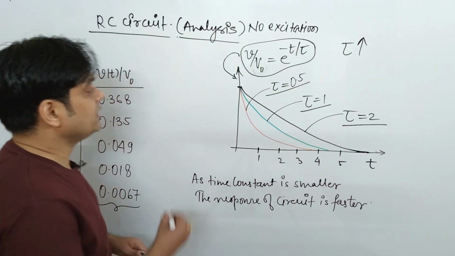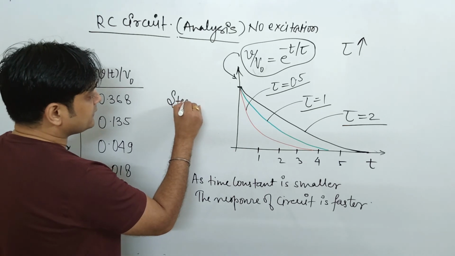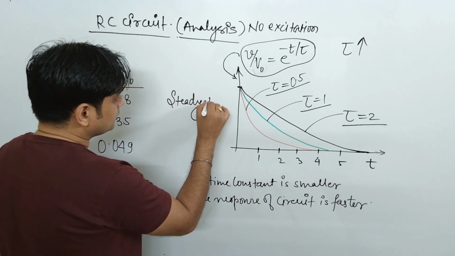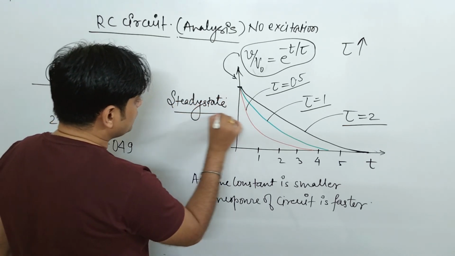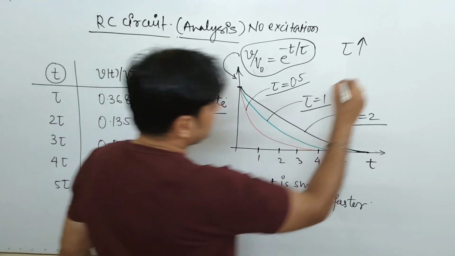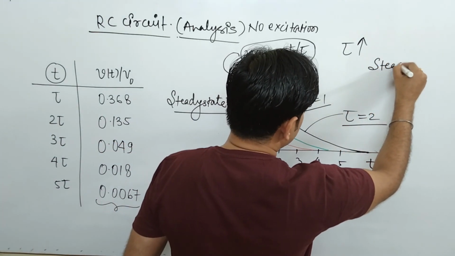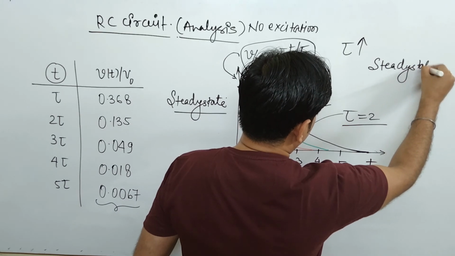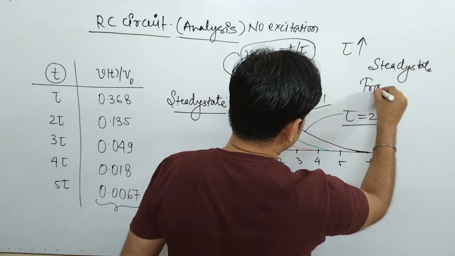Now here one word is coming, known as steady state. There are two different types of state. One is known as steady state and another one is known as transient.